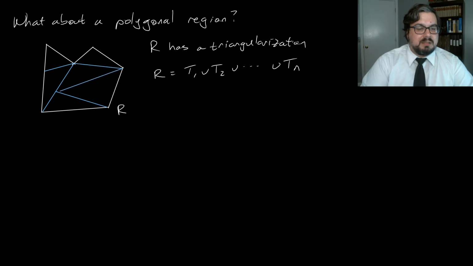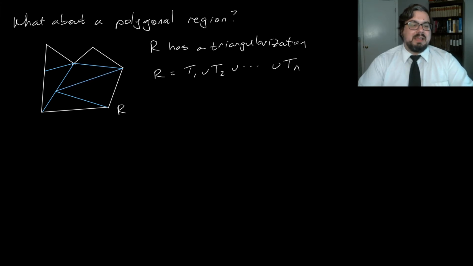Now you do have to be a little bit careful with the triangularization here. Currently what I have written is not technically a triangularization because this point right here is a vertex of some of the triangles that include that point, but not all of them. This big triangle right here doesn't include that point as a vertex.